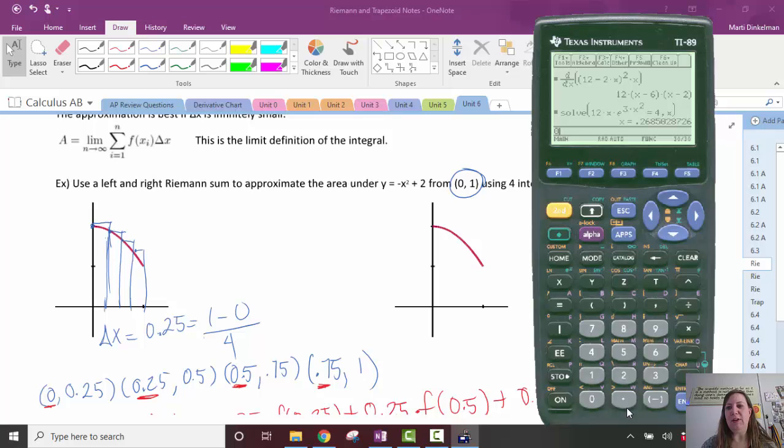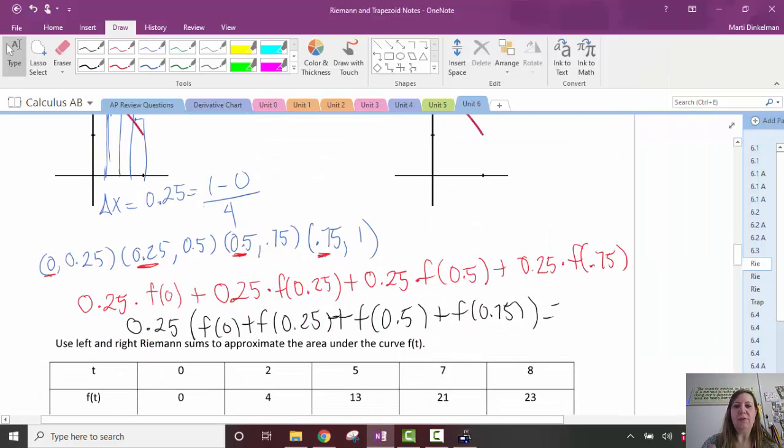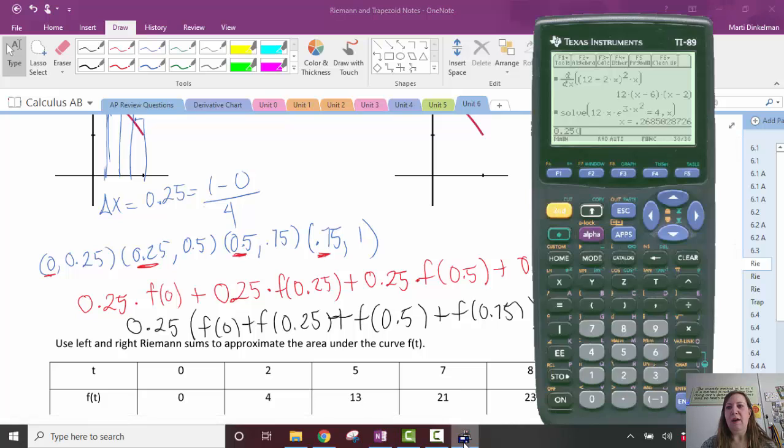I factored out that 0.25 because I knew I was going to use it over and over again. Instead of f of 0, etc., on the calculator I have to type y1 of 0, and then y1 of 0.25, and then y1 of 0.5, and then y1 of 0.75.